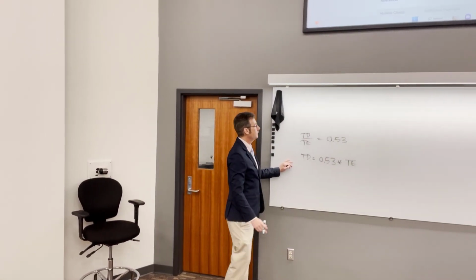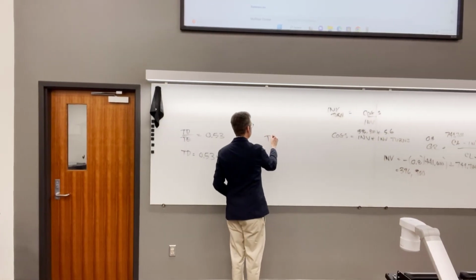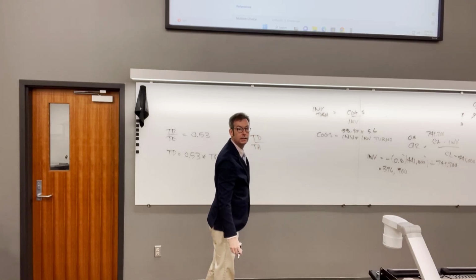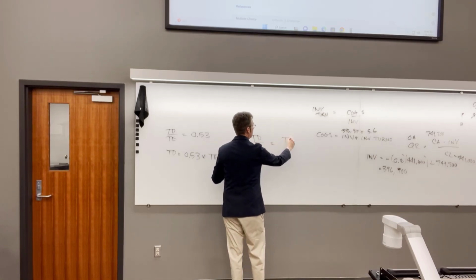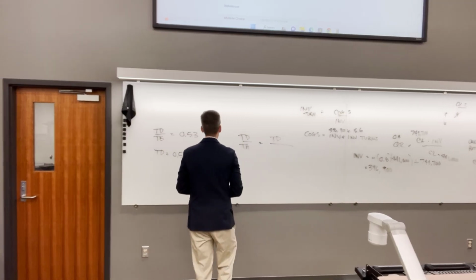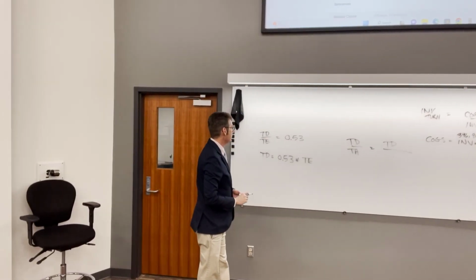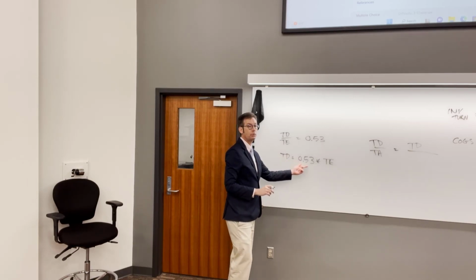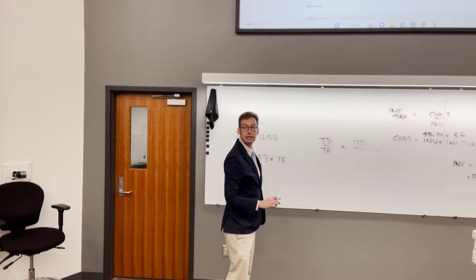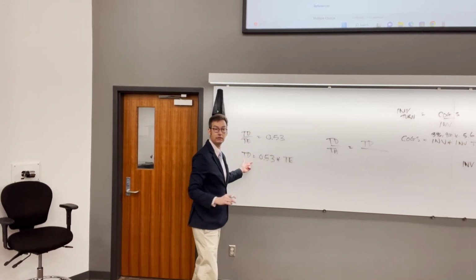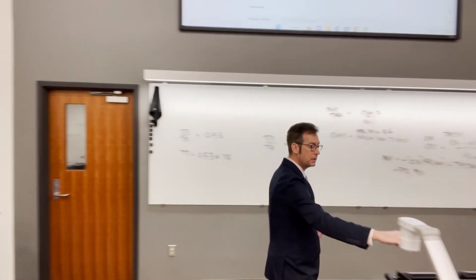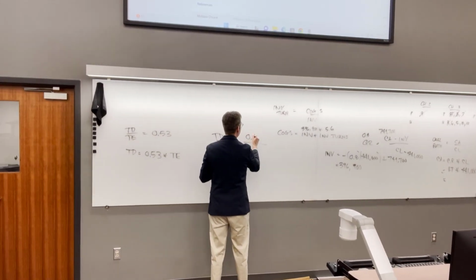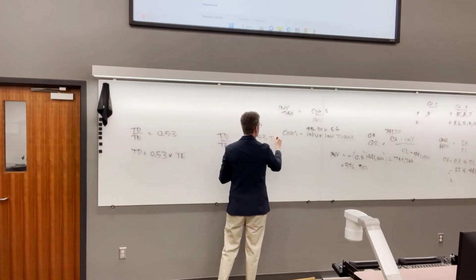Okay, now here's the fun thing. Total debt over total assets. That's what they're asking for, right? The total debt ratio? That's total debt divided by total assets. It turns out that wherever I see total debt, I can substitute 0.53 TE, because these are the same thing, right? Okay, so all I'm going to do over here is say 0.53 TE.